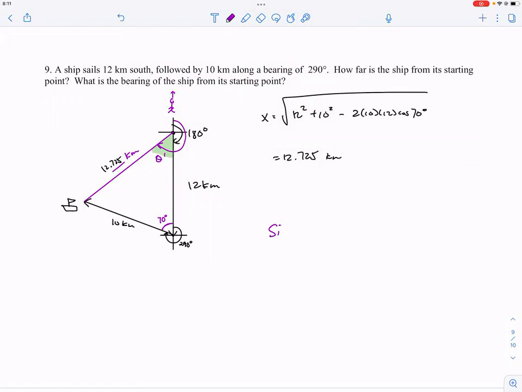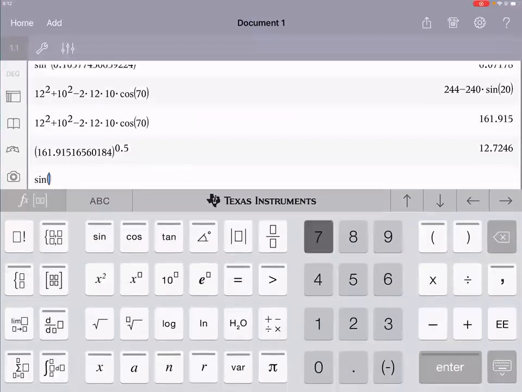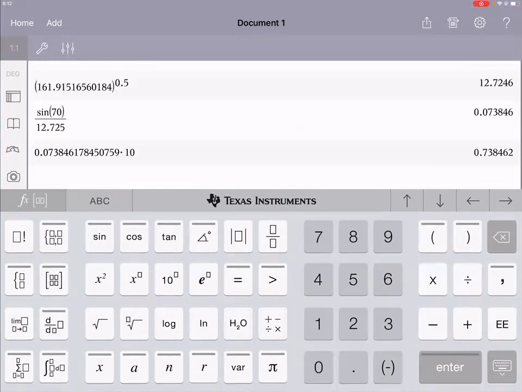So label this as theta prime. Sine theta prime over 10 is equal to sine 70 degrees over 12.725. We're going to find out what theta prime is. So we say sine of 70 degrees divided by 12.725, then multiply by 10, and then take the inverse sine of the number we just calculated.